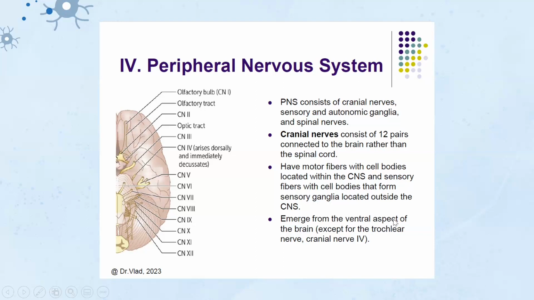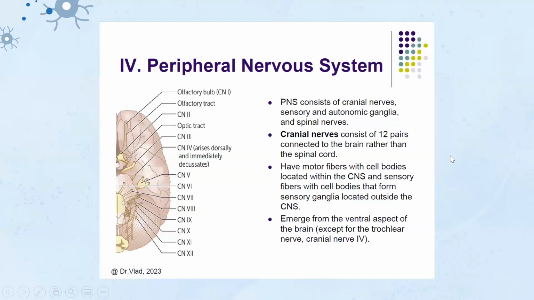They emerge from the ventral aspect of the brain, except for the trochlear nerve, cranial nerve 4, I mean. What this point means is that all cranial nerves branch off the brain from the anterior side, except for the trochlear nerve, which comes off from the posterior side. Okay?